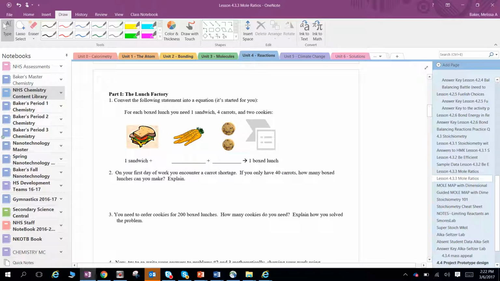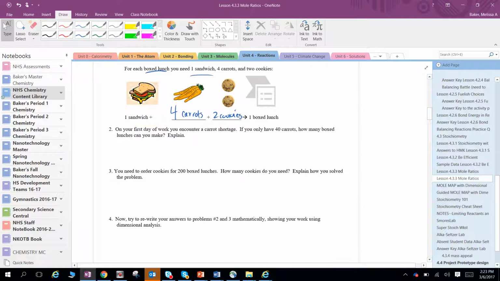So instead of doing it with chemicals, let's look at some ratios of foods, because it kind of breaks it down and makes it a little more familiar. So if you've got a boxed lunch, this formula is that 1 sandwich plus 4 carrots plus 2 cookies equals 1 boxed lunch.